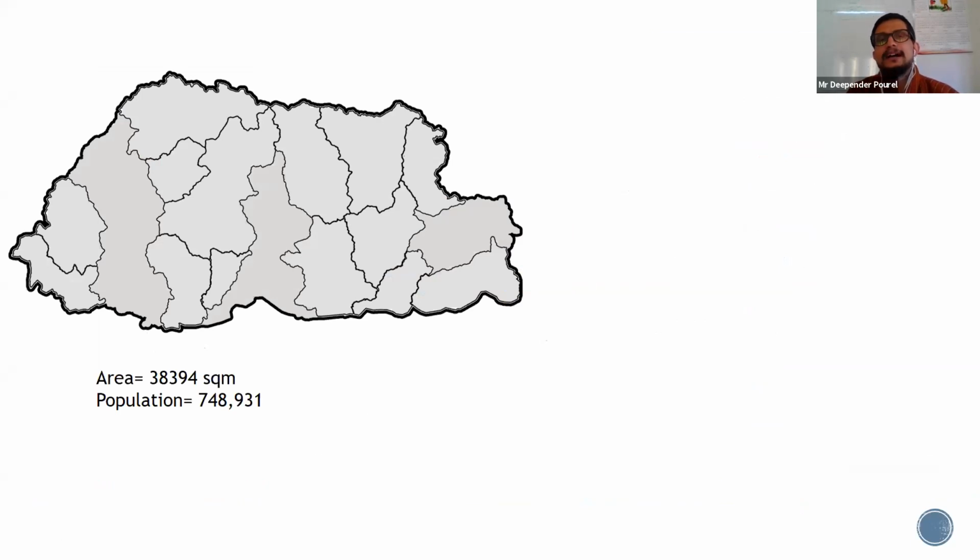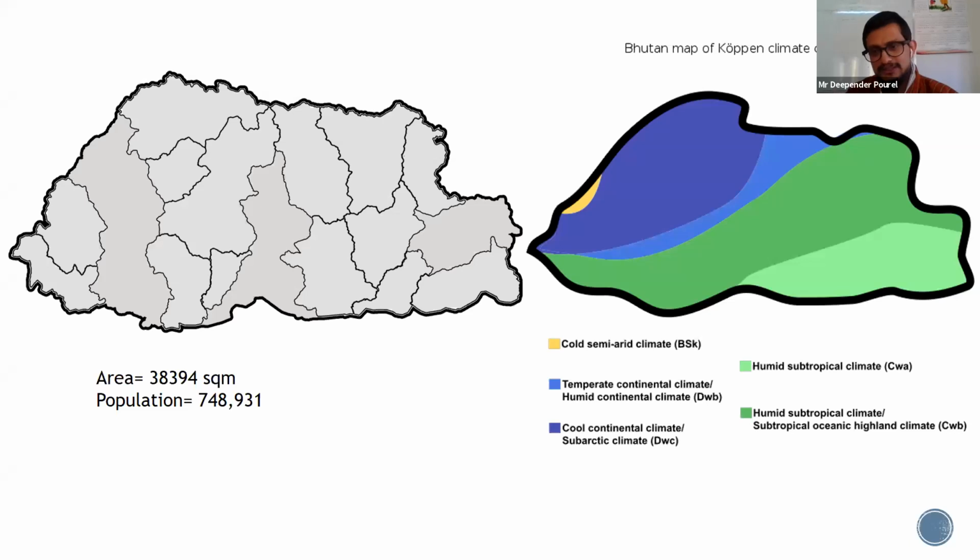We're also a very sparsely populated country with just over 7.5 lakh people. Though you see the country as a very tiny one, the interesting thing with our nation is that we are situated in the Himalayas such that we have 5 distinct climate categories.